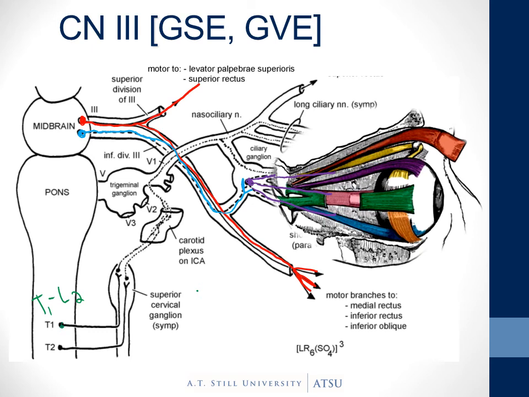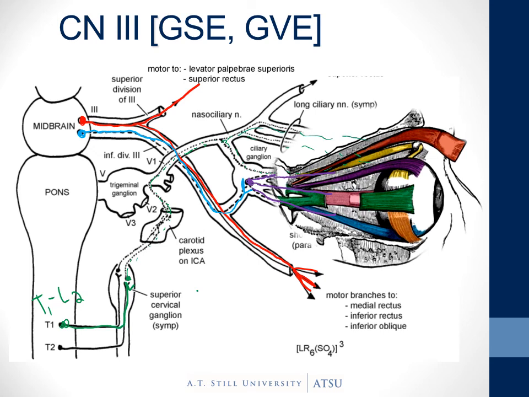They exit the spinal cord, they go to a chain where they synapse, and then postganglionic sympathetic fibers travel up with the carotid artery, find the V1, and then also travel with V1, the nasociliary nerve. We call the sympathetic fibers long ciliary nerves. All right?